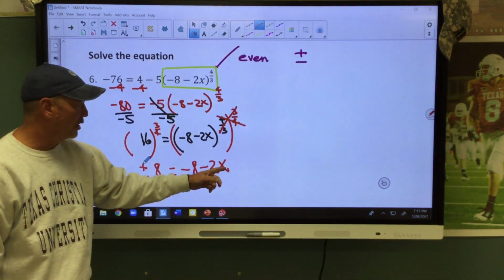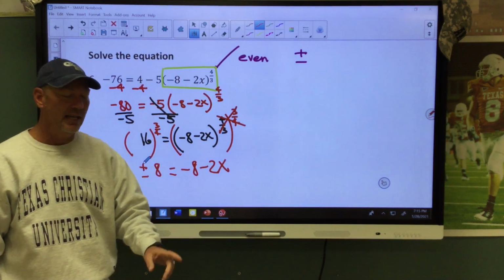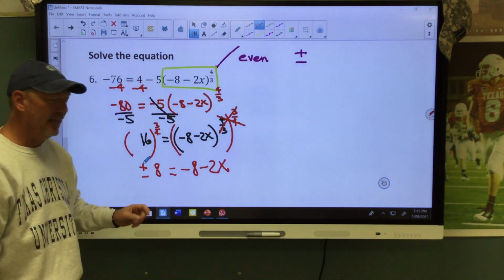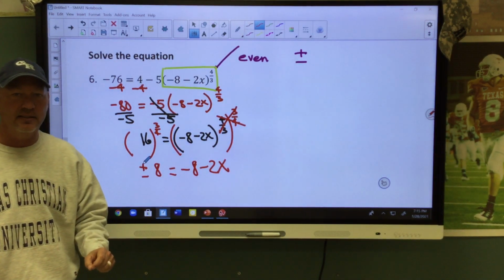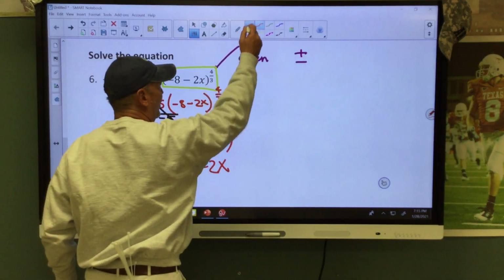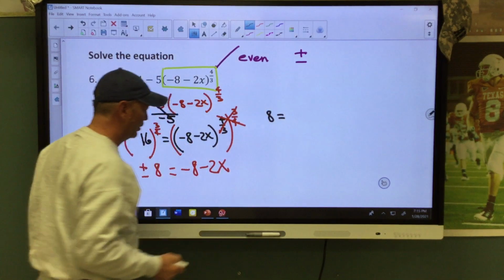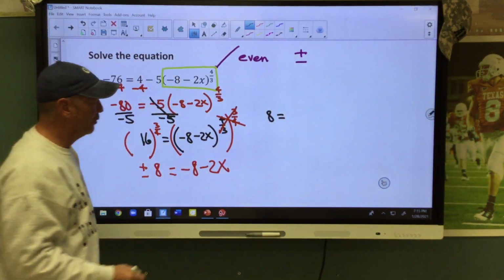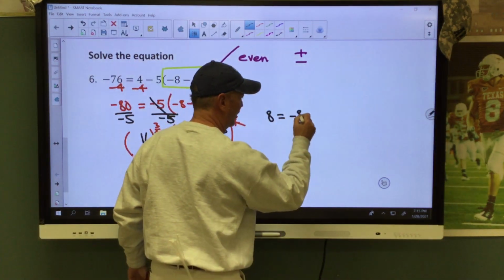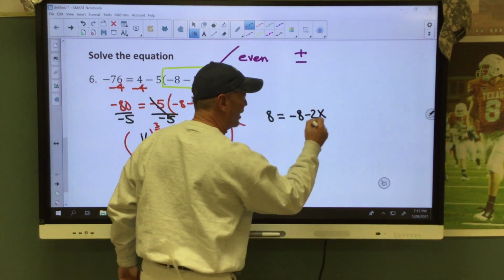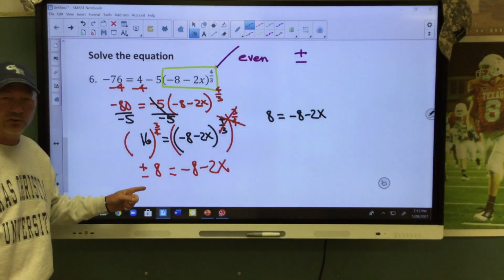Now I need to work this equation both ways. I need to work it as a positive 8. I need to work it as a negative 8. So I would like for you to say positive 8 equals negative 8 minus 2x. And then we'd also choose it as a negative 8.